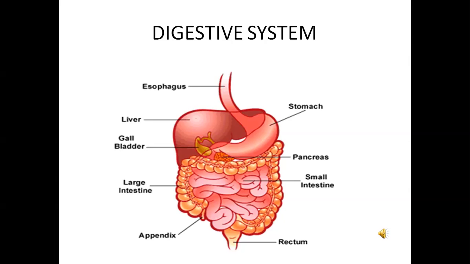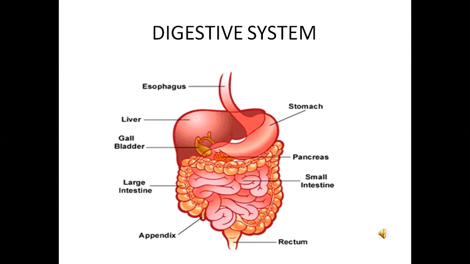The digestive glands associated with the alimentary canal are salivary glands, liver and pancreas. They secrete enzymes which help in the digestion of food in the alimentary canal.